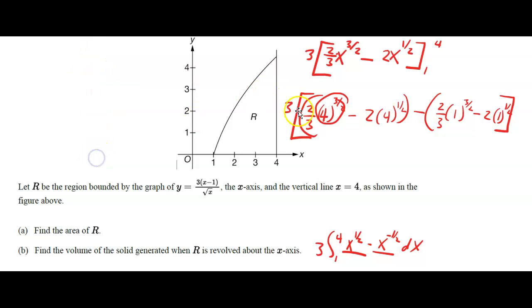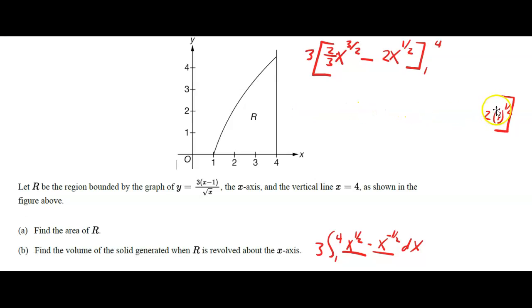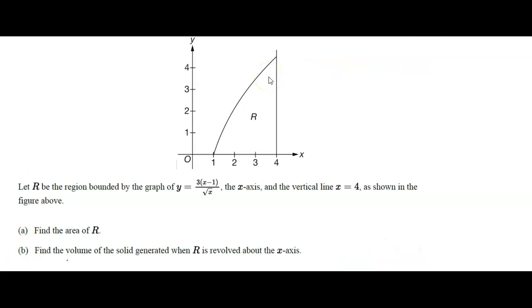All right, let's go ahead and move on to our last bit for the day here. So we're doing a volume of revolution here. We're going around the x-axis, so that means it's going to be pi r squared, and around an x-axis means it's a dx problem.